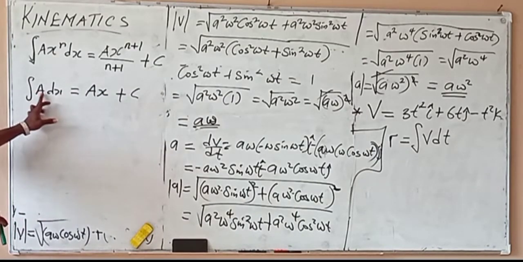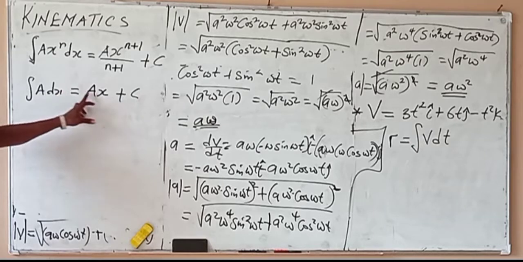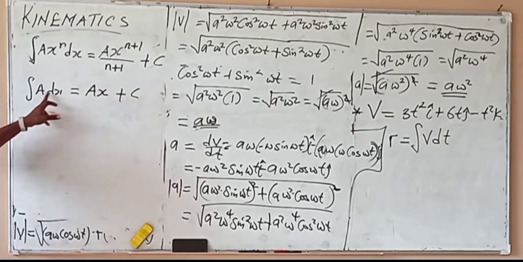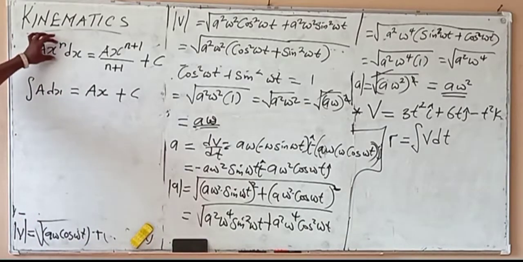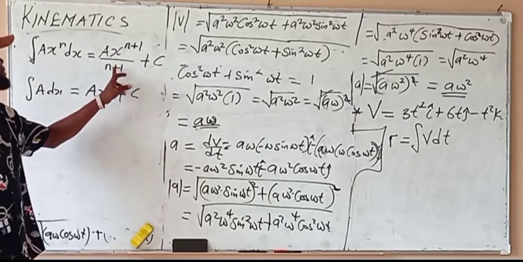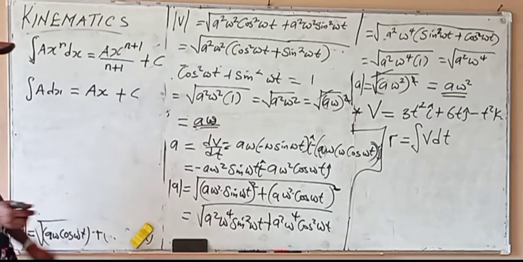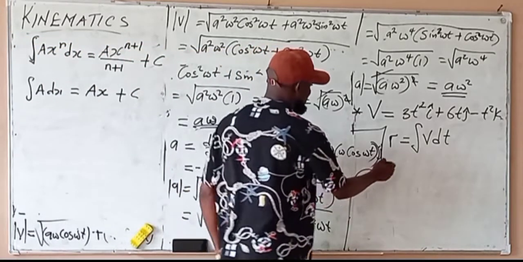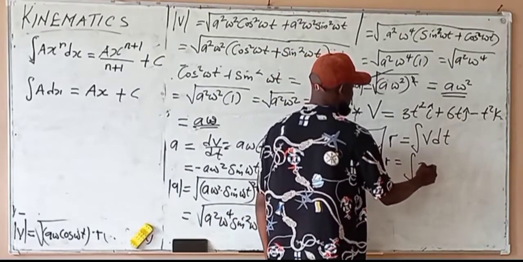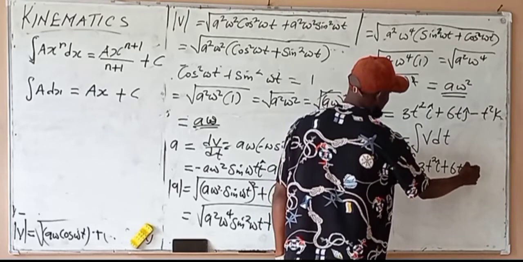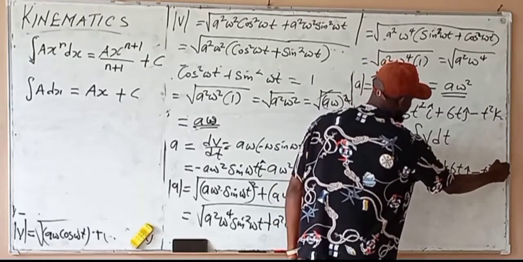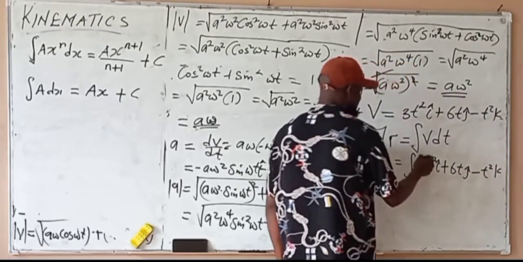So remember, when you get a constant a with respect to x, you have a times x, giving ax. Then to integrate a x to the n, add 1 to the power, then divide by the new power. So we are integrating 3t squared i plus 6t j minus t squared k with respect to t.